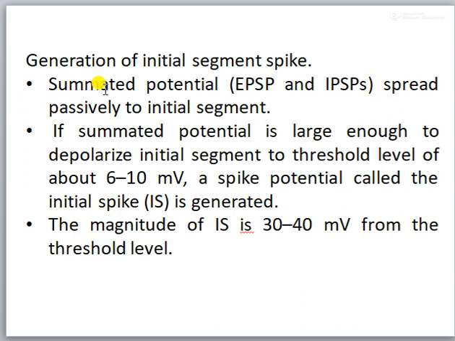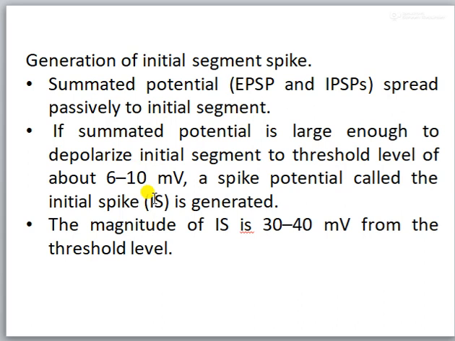Then second is the generation of initial segment spike. This summated potential then spreads to the initial segment. As we all know, the threshold level of the initial segment is less. So a spike potential called the initial spike is generated.